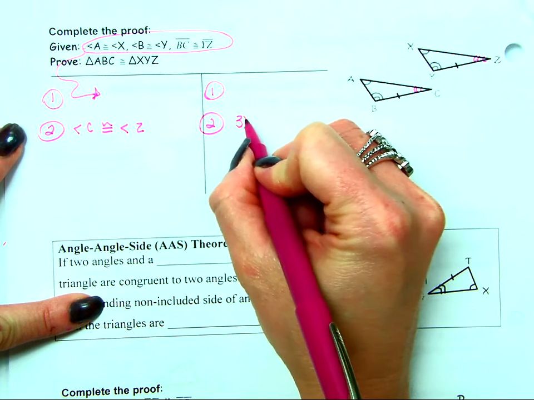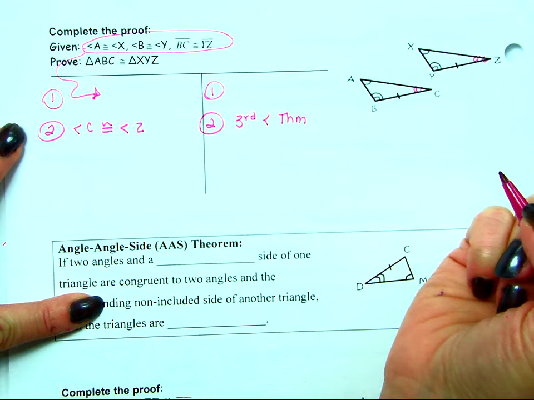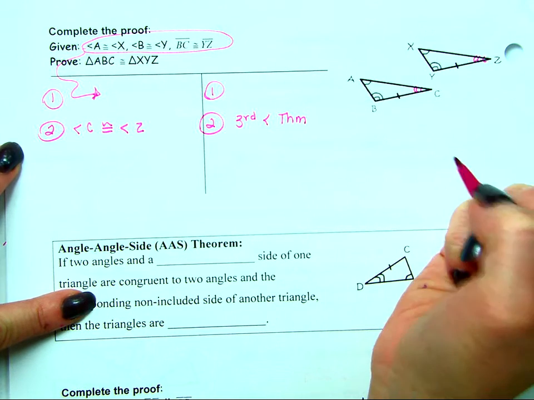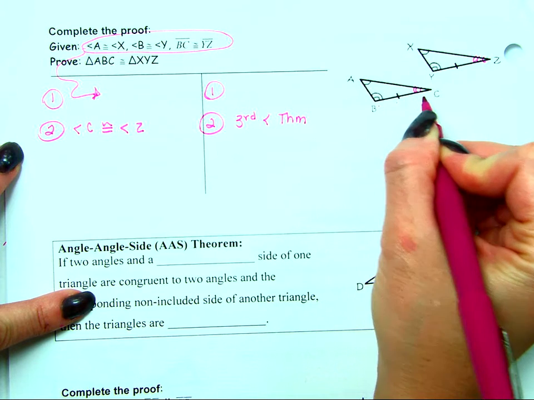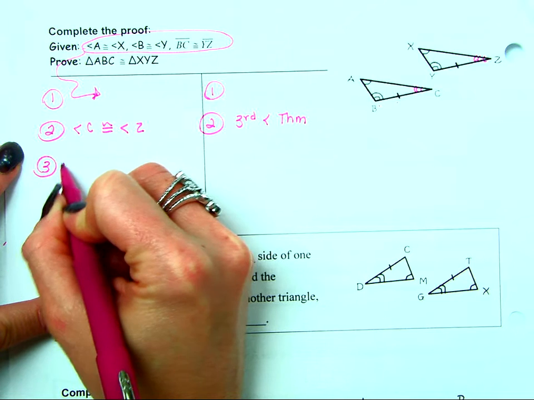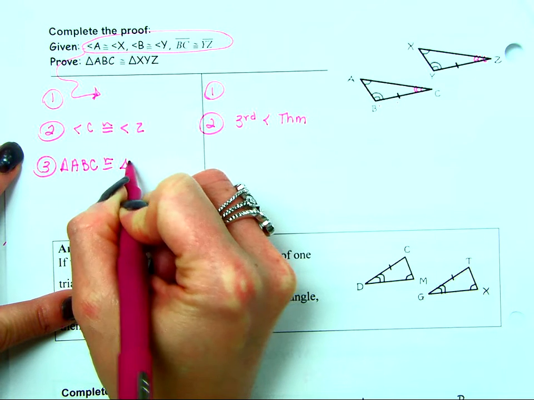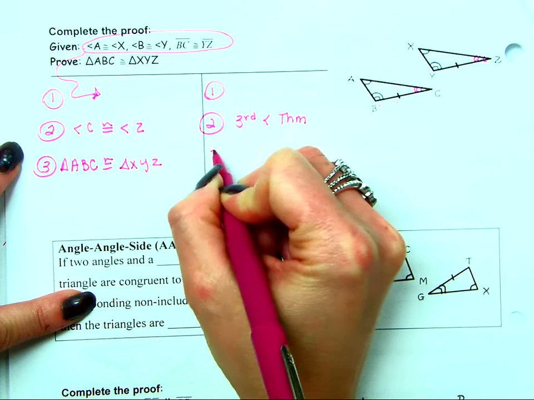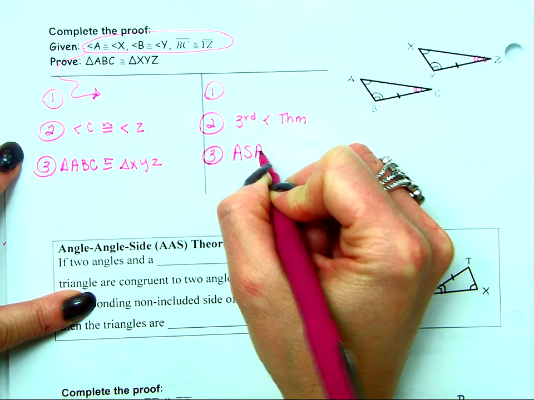Well, that would be by the third angle theorem. And now, with that marking, I have shown the angle, side, angle shortcut. So I can say that triangle ABC is congruent to triangle XYZ. Angle, side, angle.